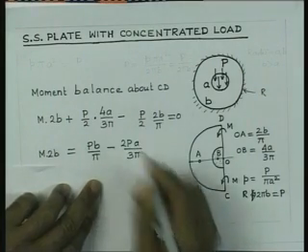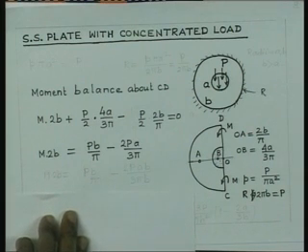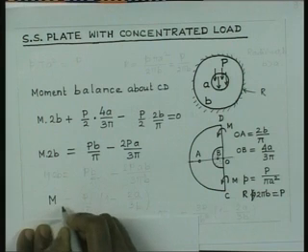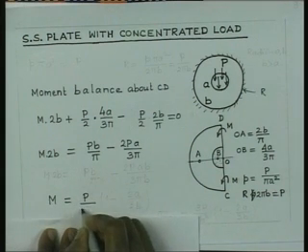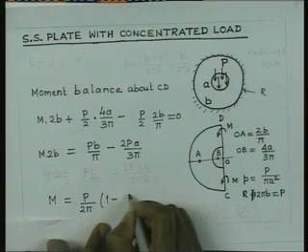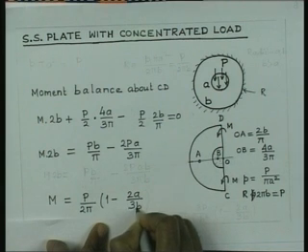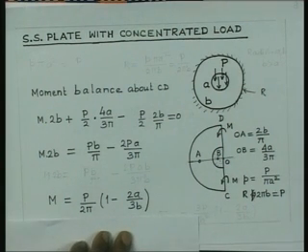So, simplifying we get this, and now we can write M is equal to P by 2 pi into 1 minus 2a by 3b. So, that is the moment per unit length of CD.